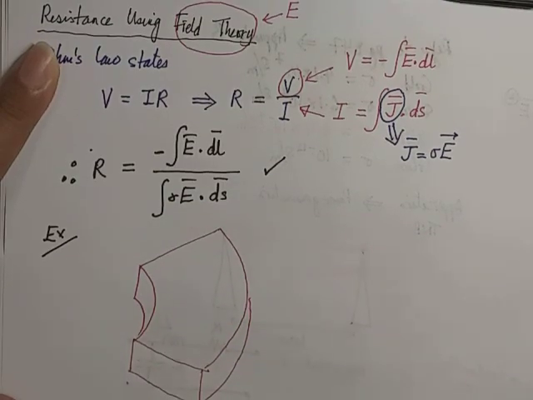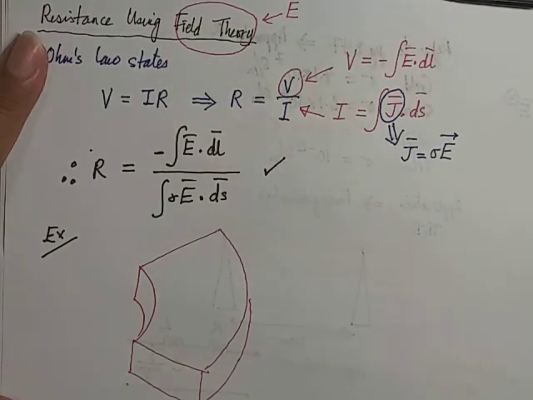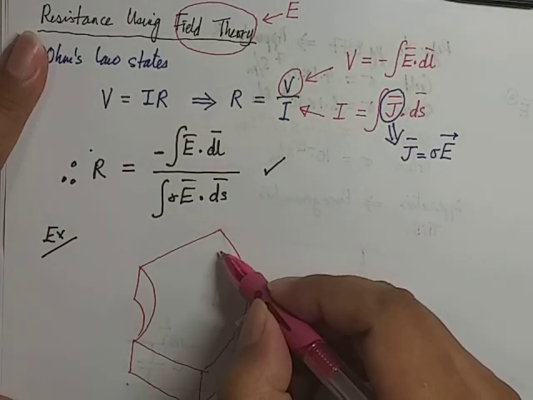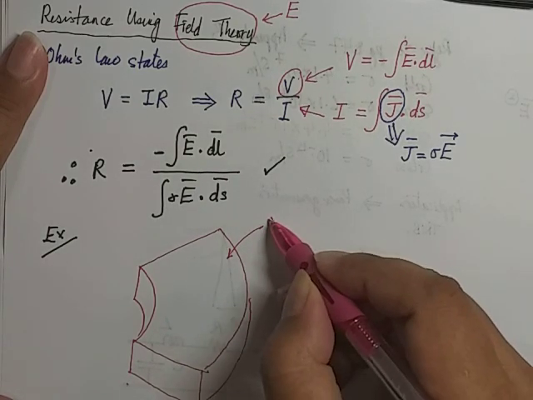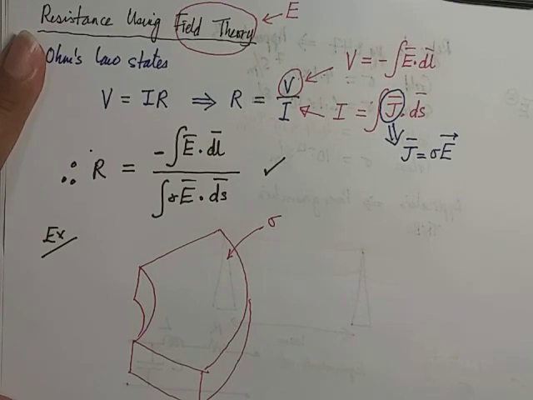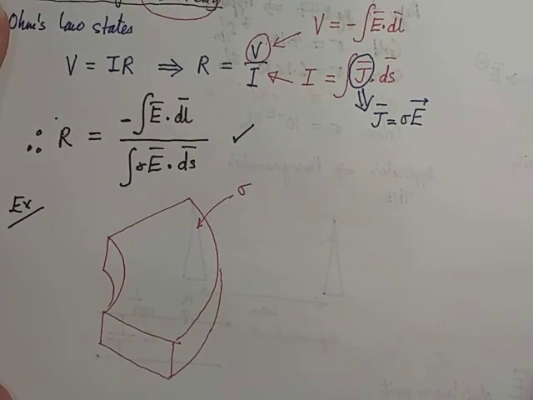That should be the conductor material having conductivity. Let's make it sigma. So sigma is the conductivity of the material.